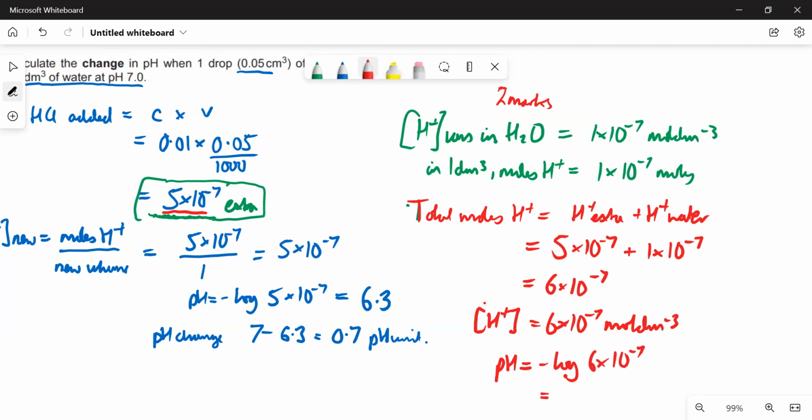That gives us 6.22, which is significantly different to their answer there. Anyway, if you did the method in blue, you got the marks anyway.